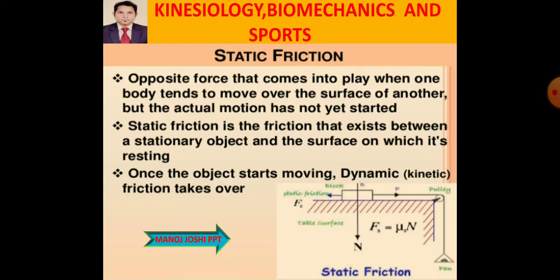Even while we are taking position to run, static friction is there. Once the object starts moving, it comes into the dynamic phase, and kinetic friction takes place. That is the second phase, the kinetic friction.